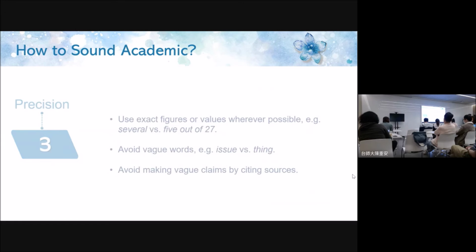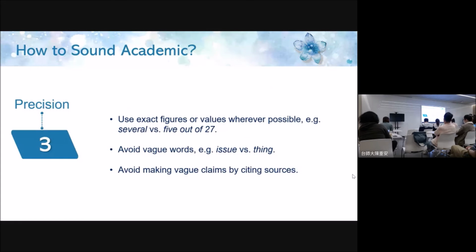The next one will be precision. We want to be precise, we want to be accurate. So we use figures or values if possible. We don't say, oh, there are several respondents. Just tell me 5 out of 27 respondents said. And try not to use words that are very vague, like saying this issue is very important.